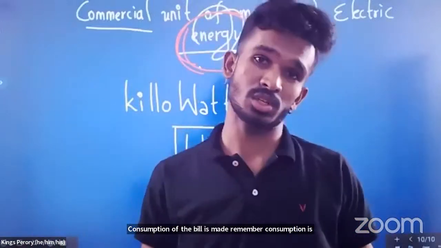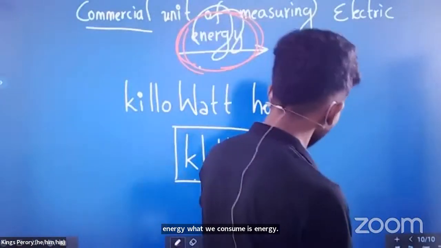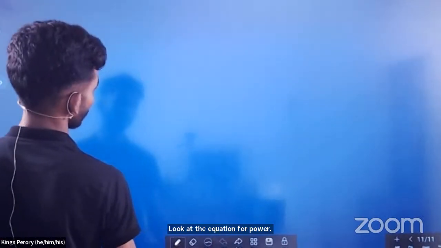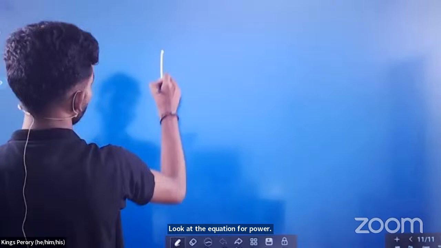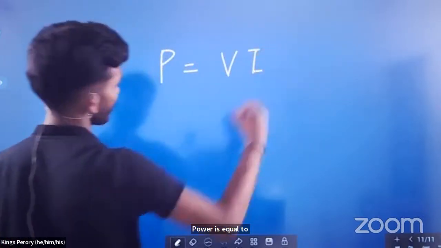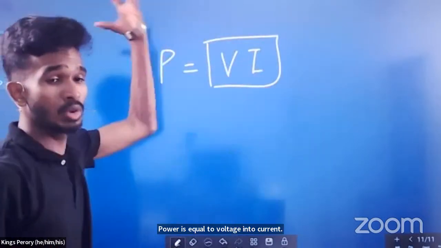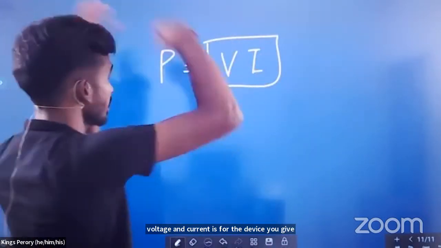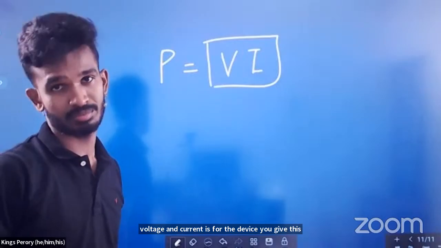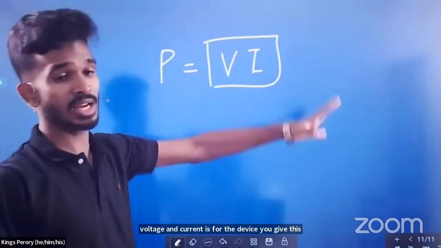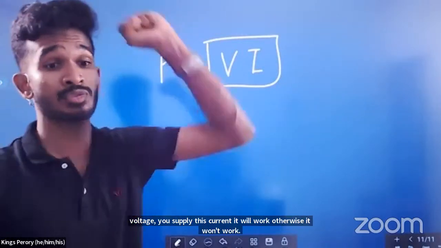Power you can't consume. Look at the equation for power: power is equal to voltage into current. Voltage and current are for the device. You give this voltage, you supply this current, and it will work. Otherwise it won't work. So power is for the device.